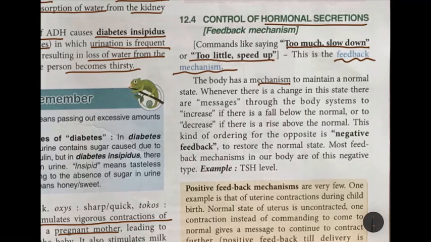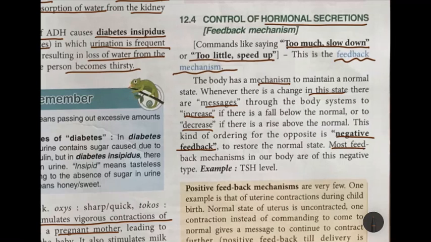Whenever there is a change in the state, there are messages through the body systems to increase if there is a fall below the normal, or to decrease if there is a rise above the normal. So this kind of ordering for the opposite is known as negative feedback. Why are they giving negative feedback? So that the normal state is restored.